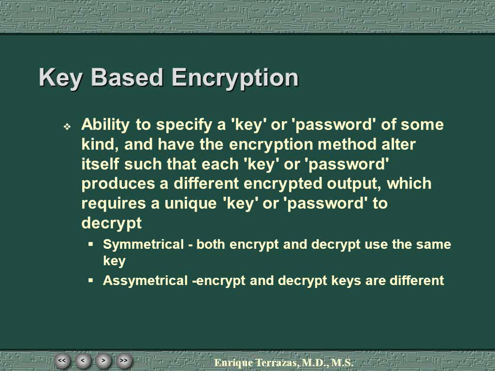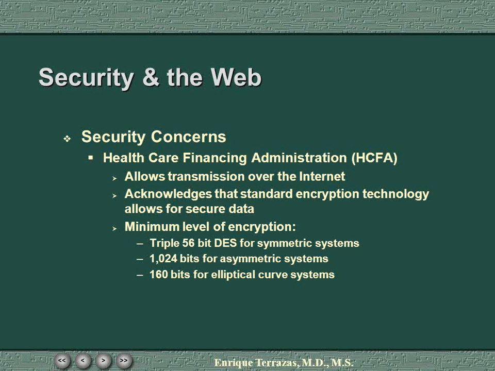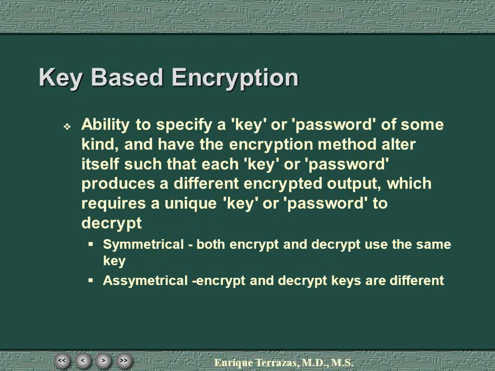So when you use symmetrical systems, both the encrypt and decrypt use the same key. When you use asymmetrical systems, the encryption and decryption keys are different. And that's where the beauty of the key-based encryption comes in.